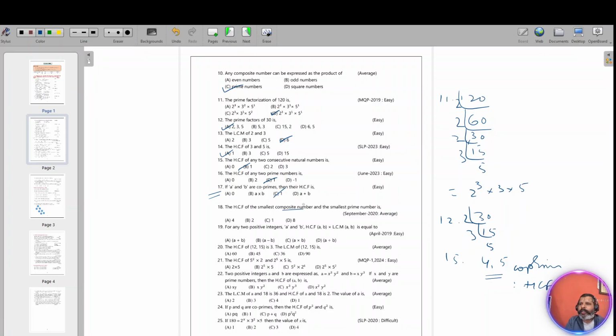HCF of smallest composite number and smallest prime number. Which is the smallest composite number? We can say 4. Smallest prime number is 2 because 1 is not a prime number. So HCF of 4 and 2. Let's take HCF of 4 and 2.